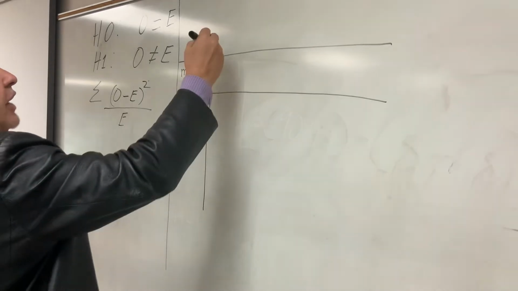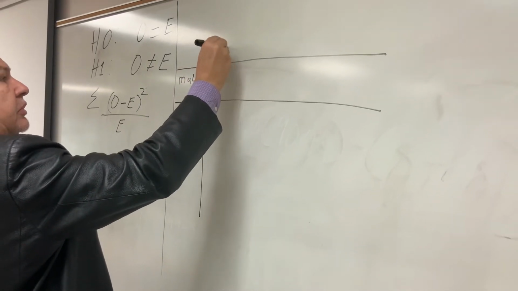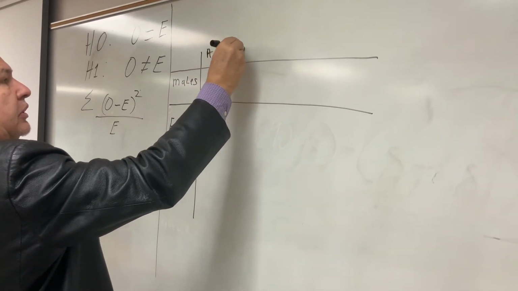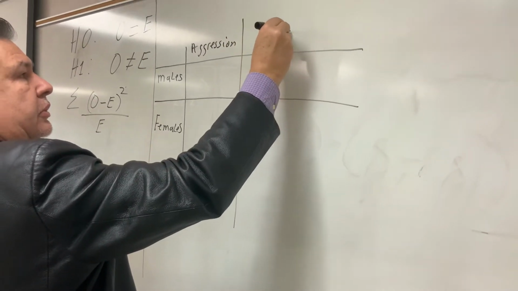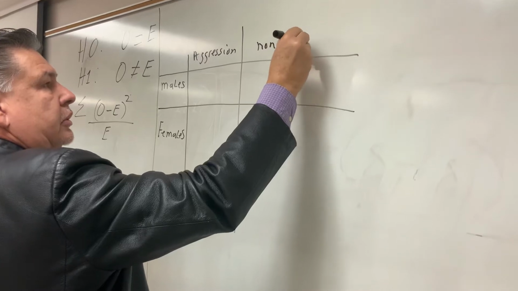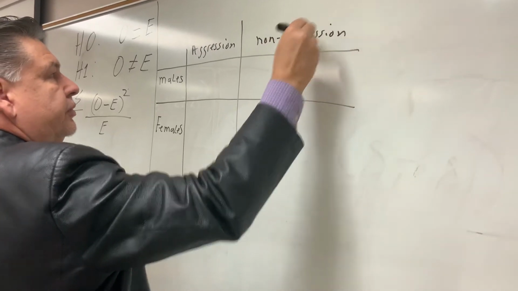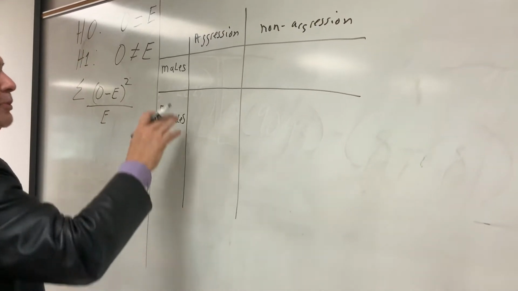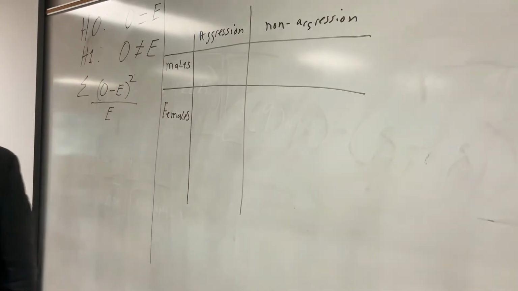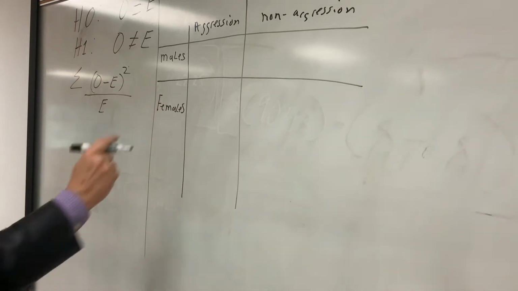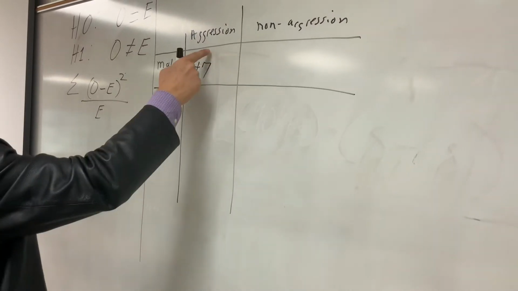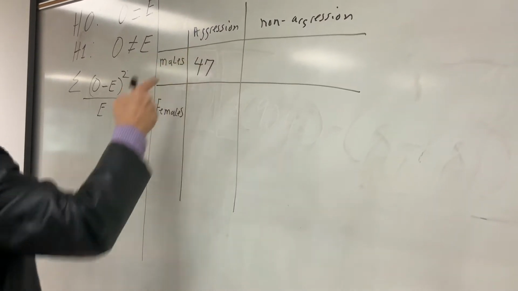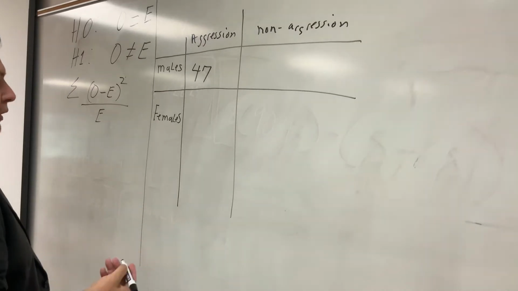So I've got aggression and non-aggression. Now let's say I observe 47 males who show aggressive behavior following video play.